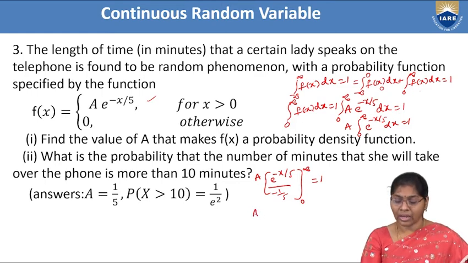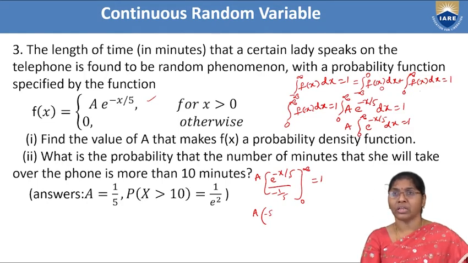Then a into 1 by minus 1 by 5, that is minus 5. Upper limit is infinity, which gives 0. Upper limit minus lower limit: the lower limit gives minus e power minus 0, that is 1. The total is 1 equal to 1.